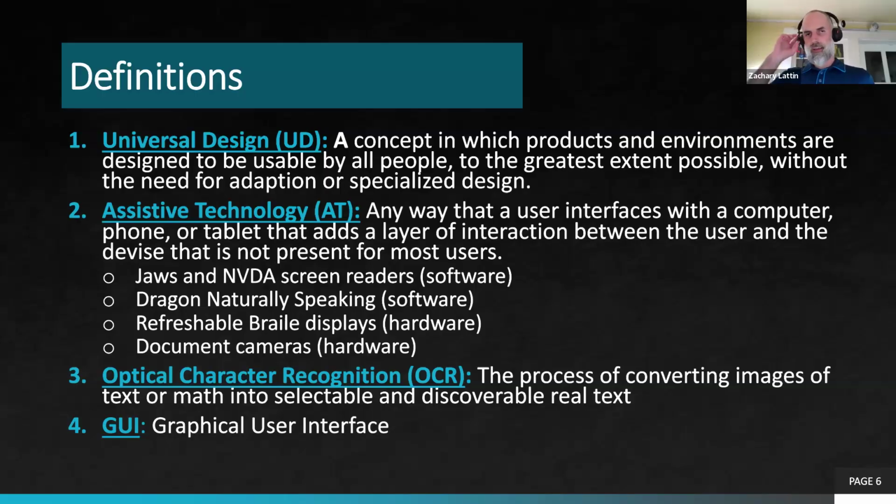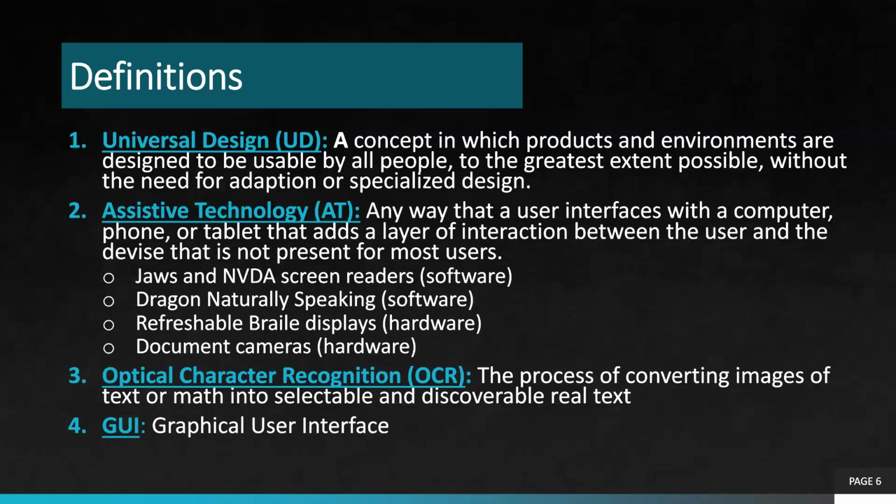Sure. So, assistive technology: any way that a user interfaces with a computer, phone, or tablet that adds a layer of interaction between the user and the device that is not usually present for most other users. Then there's a list that provides you some examples of various software and hardware AT examples.